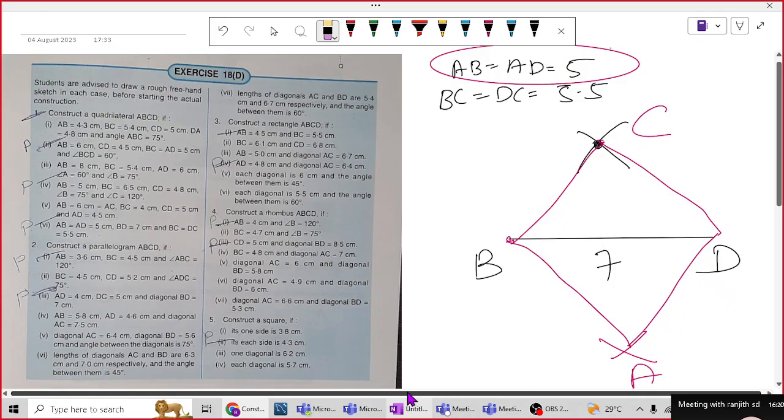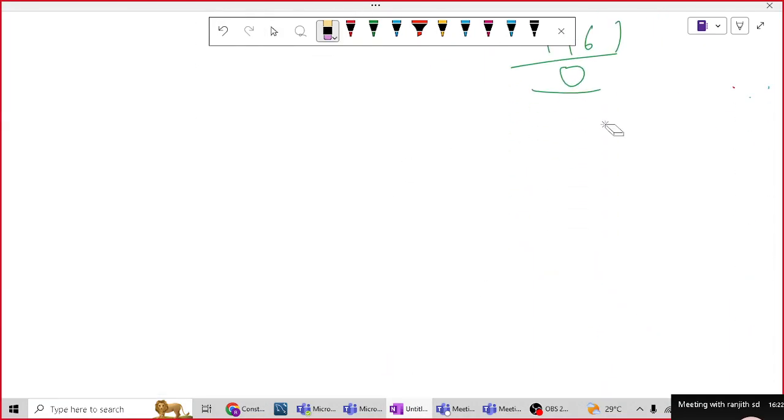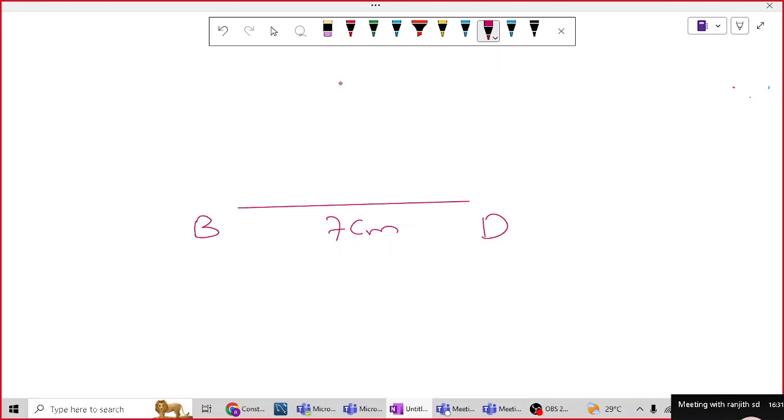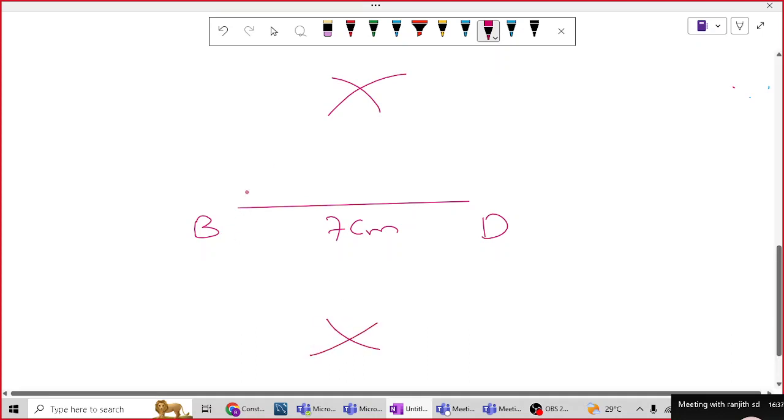And these arcs, you don't have to draw so big. Look here, I'll show a rough diagram. 5 centimeters, 7 centimeters. BD is 7, then BC is 5. The arc should be small like this.